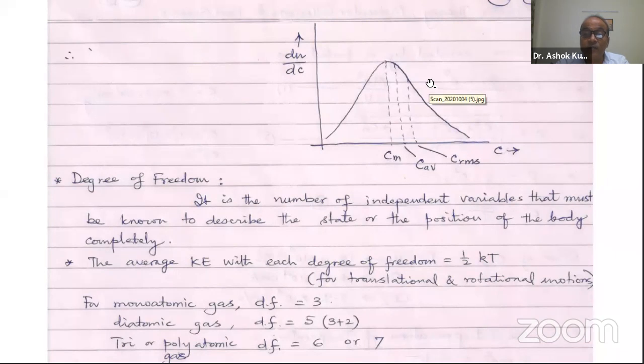But one thing, whatever be the direction, you can resolve this velocity along 3 perpendicular directions. Suppose this is c1, so this can be resolved along the x-axis as u1, along the y-axis as v1, and along the z-axis, which is beyond the board or beyond the screen, as omega 1.